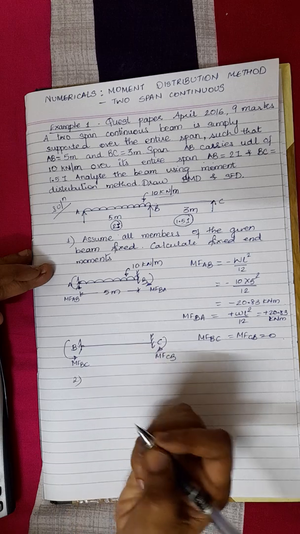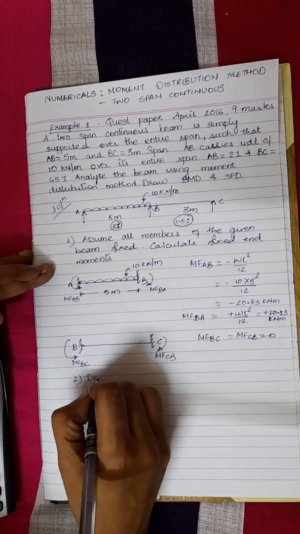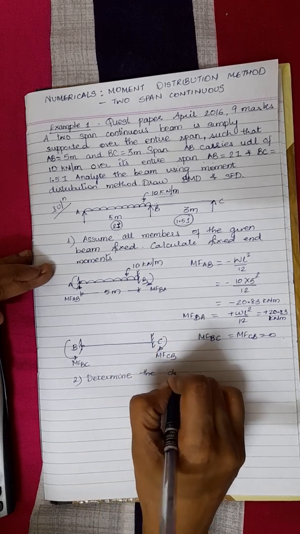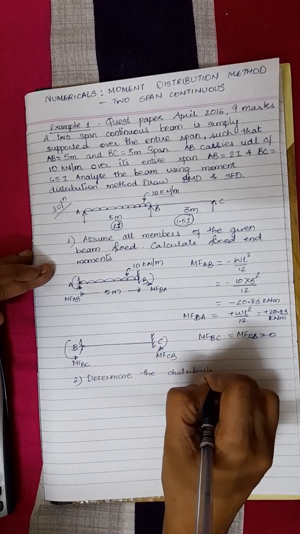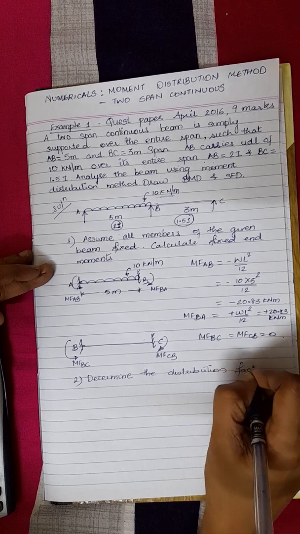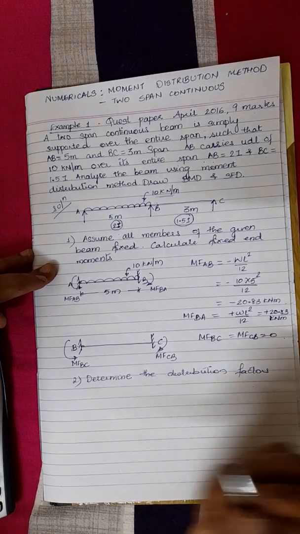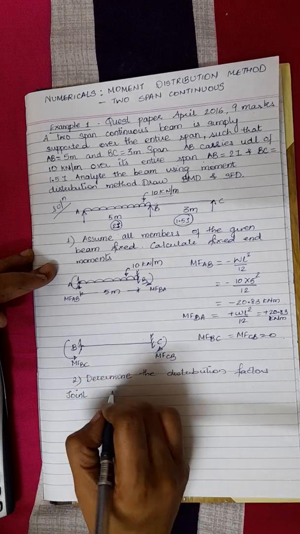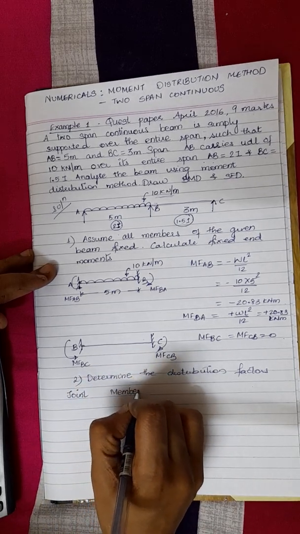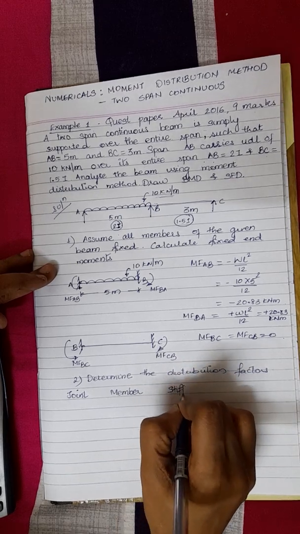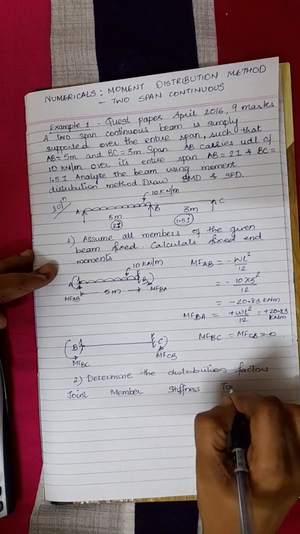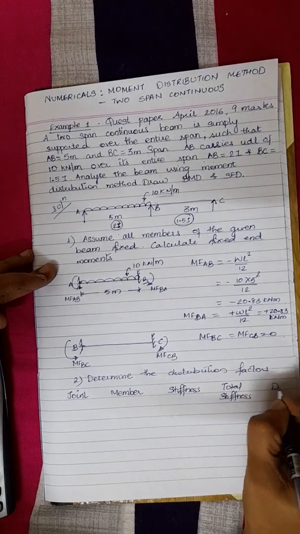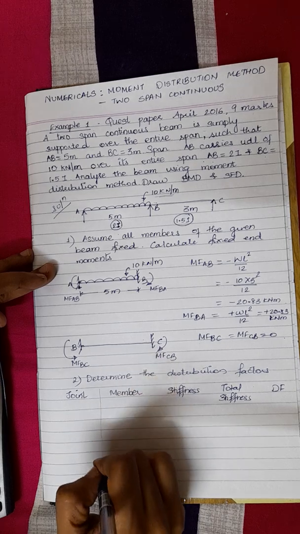The second step is very simple, and we have already learned this. Determine the distribution factors. We have the joint, the member in the second column, then the stiffness factor, then the total stiffness, and finally the distribution factor.